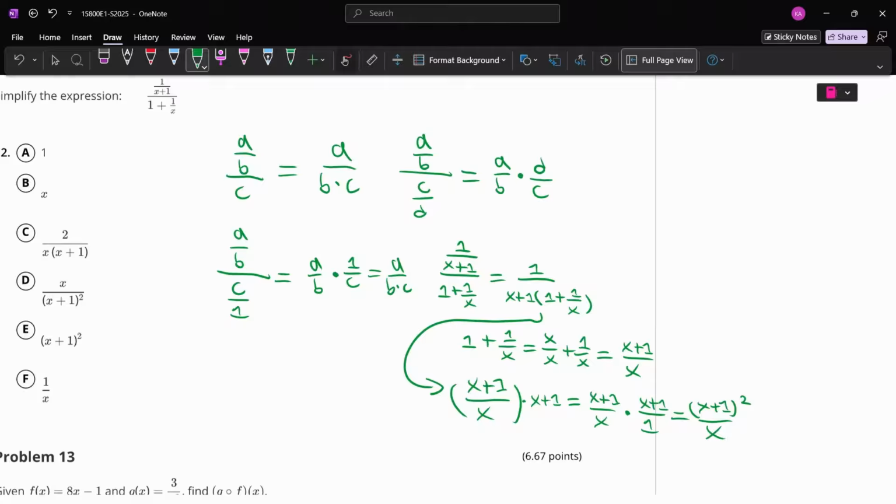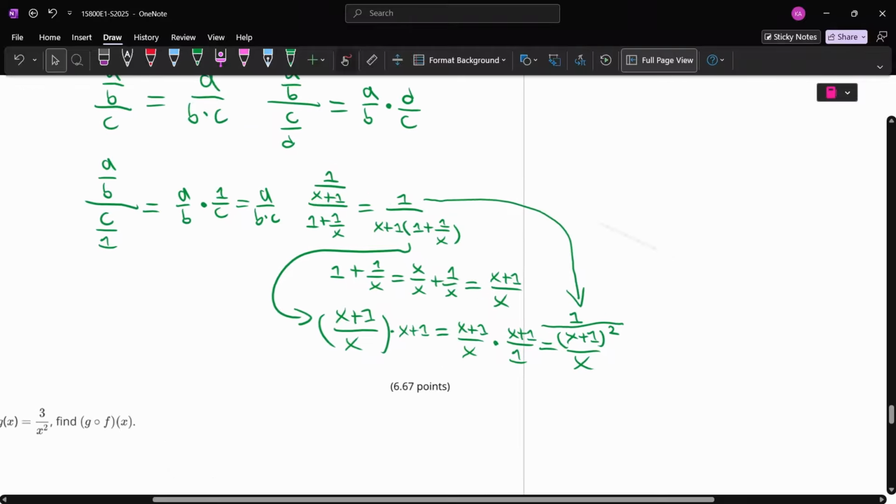Now bringing back our original numerator that we have over here, so this 1, let's bring that back over here. And this is going to be our new fraction, something that looks like this.